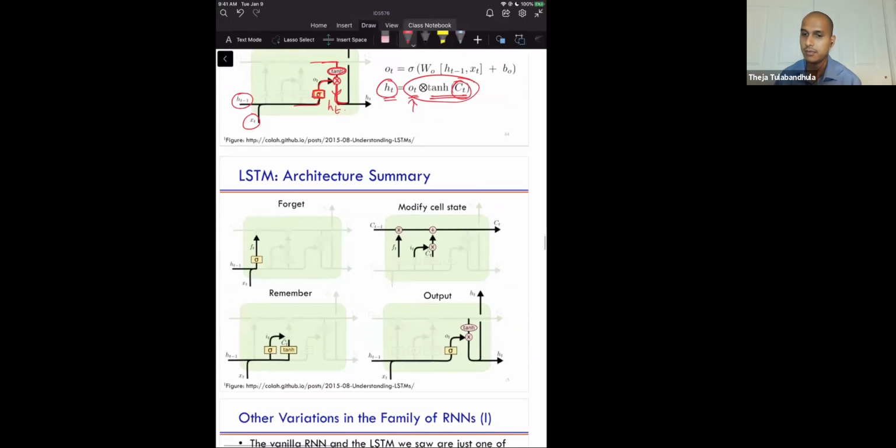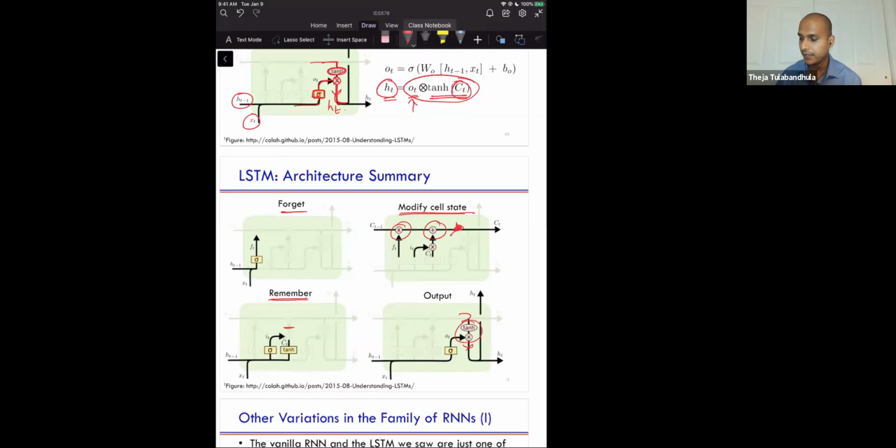So that's the summary of an LSTM architecture. You have a forget operation first, then a remember intermediate computation that's generated here. Then you modify the cell state with the forgetting and the addition of new information. And then once you get the cell state, you modify that into an HT through a nonlinearity again.